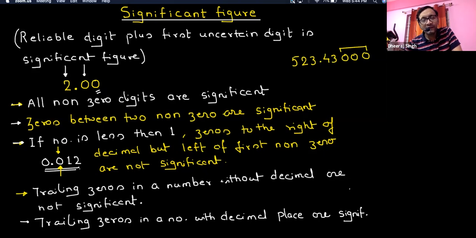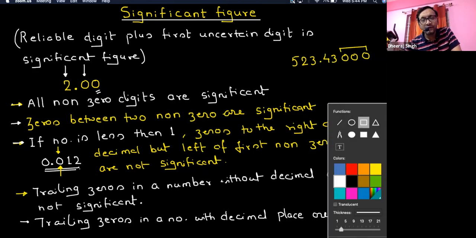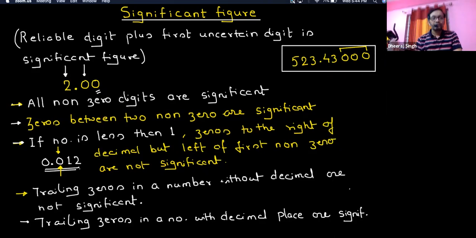By the way, how many significant figures does this number have? Trailing zeros can be without decimal also. First tell me how many significant figures here. 8 significant figures it has.